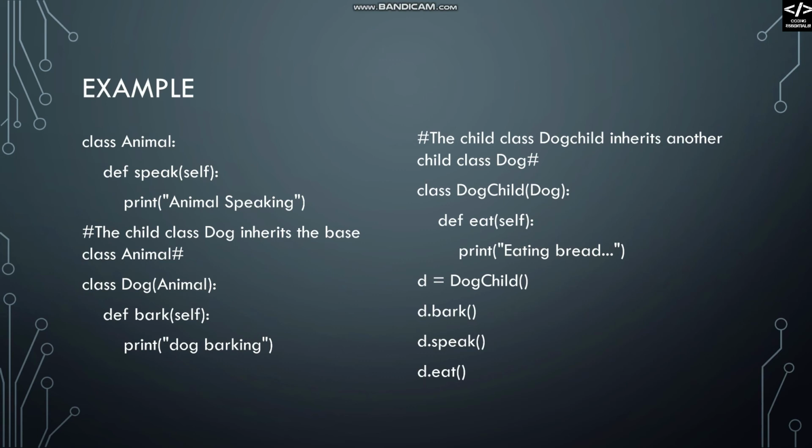Define eat, which will print eating bread. So there are three levels, and if we define an object of the dog's child, then it will be able to call all the functions from the grandparent and parent.